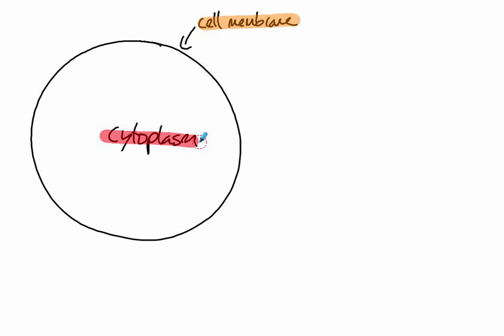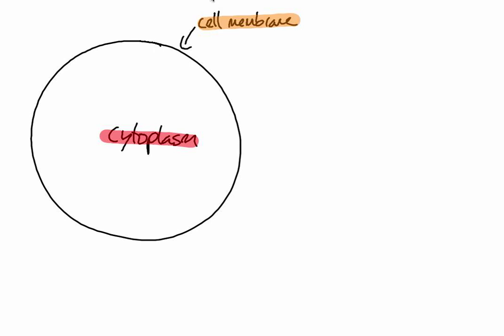So as the cell gets bigger, the cytoplasm gets bigger, and so my demands in my cell get bigger and bigger. But the cell membrane doesn't get bigger fast enough to keep up with the cytoplasm.